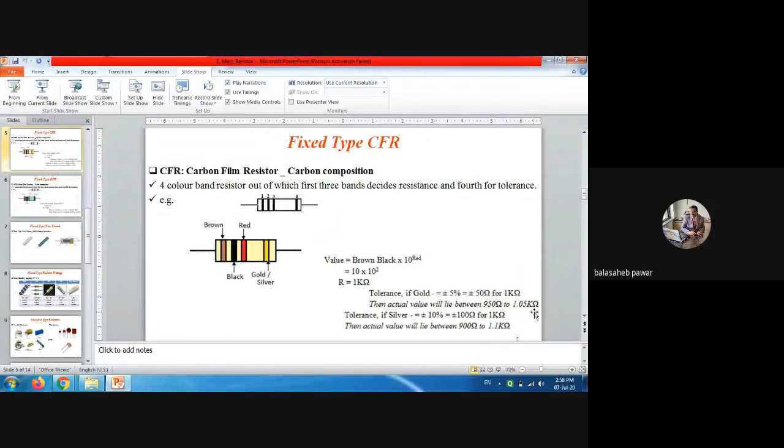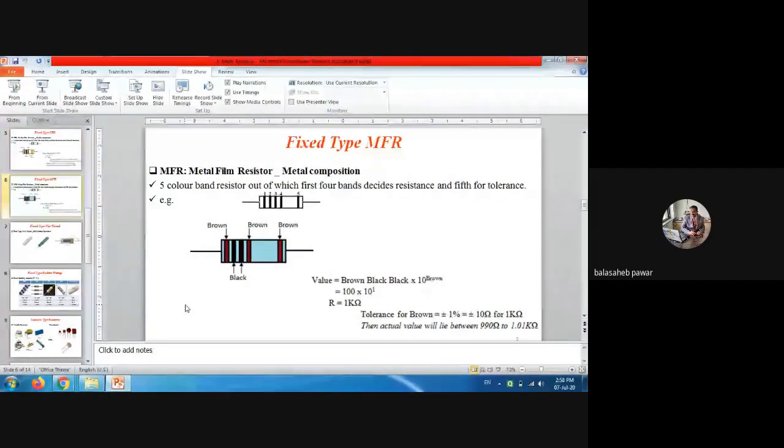So the chances of resistance variation are more in case of CFR as compared to MFR. Agree?